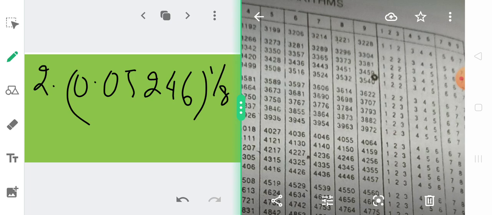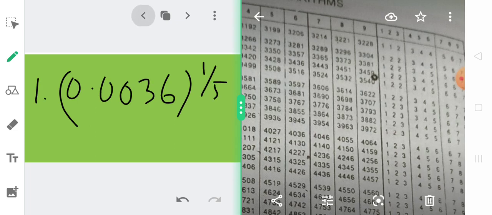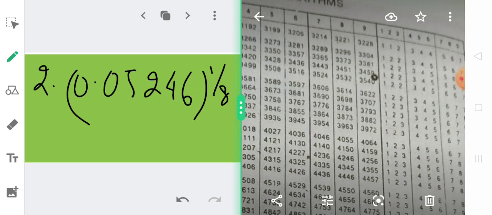Okay, you will be solving these two questions, the first one being this one and the second one being this one. Try to solve it using the log tables.